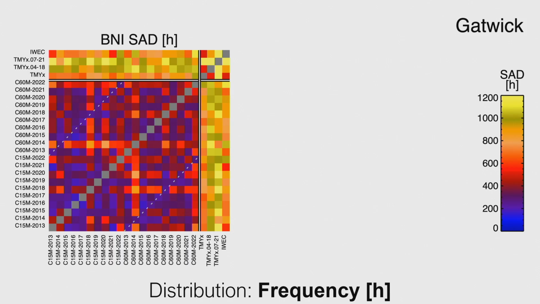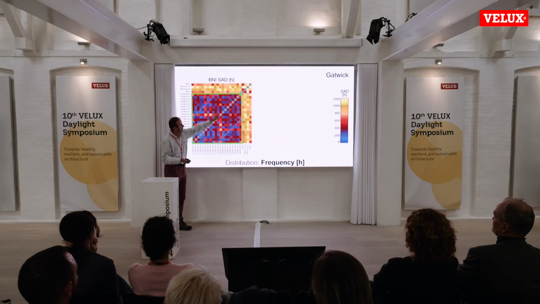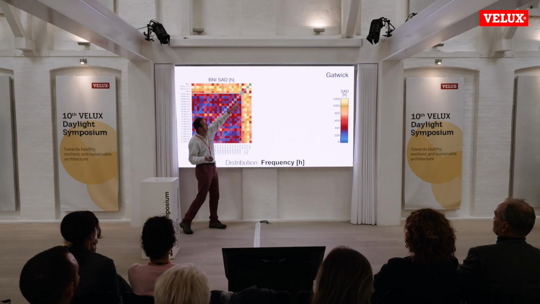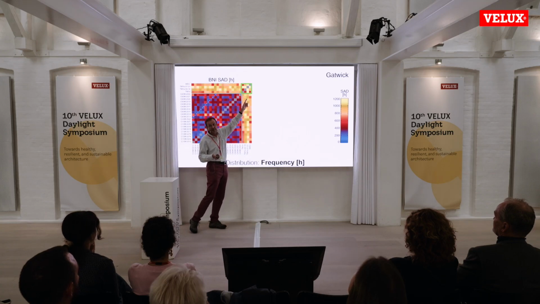And if we look there, it's like, wow, here we've got similarity. And there, the TMYs are not really similar with any of those 10 years of CAMS data. And what's more, they're not really similar with each other.